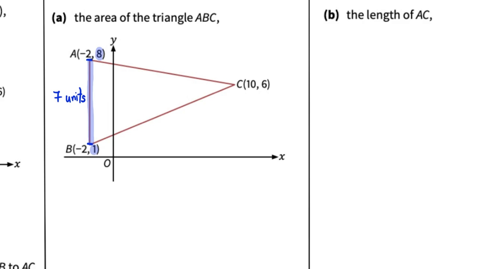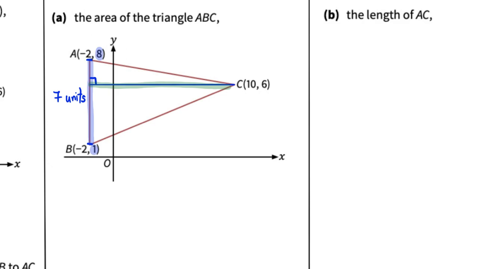And the next thing that I would want to find is this perpendicular distance here, such that I will then be able to get the height of this triangle. Half times base times height, where the base is AB. This will be my height.